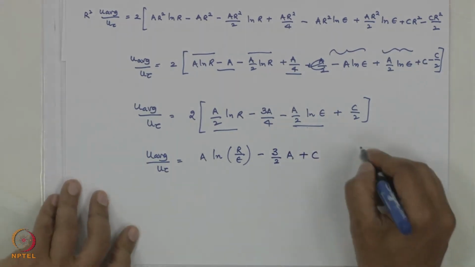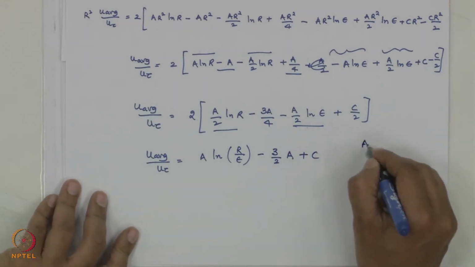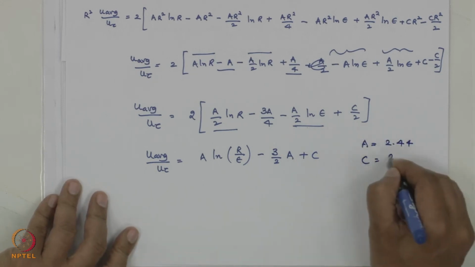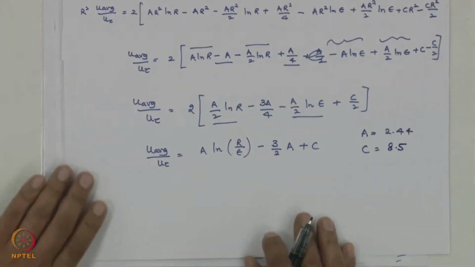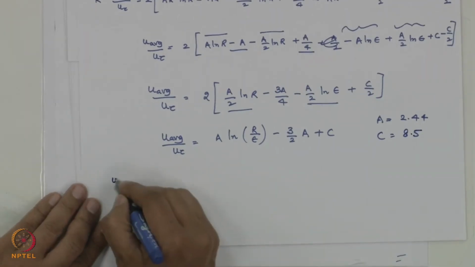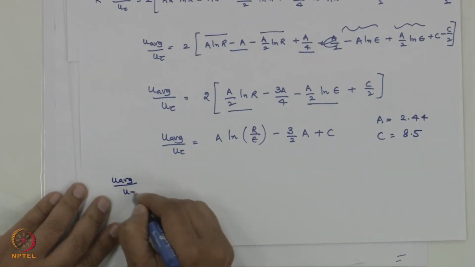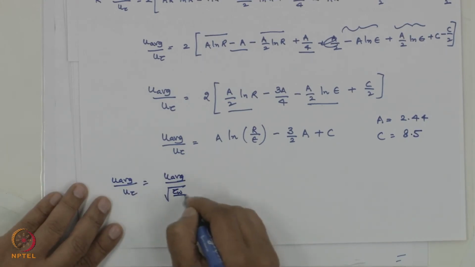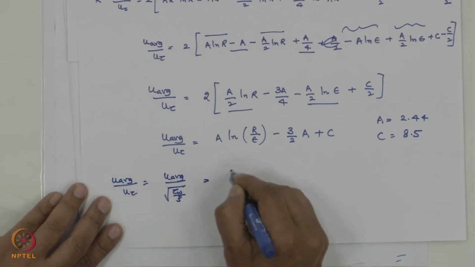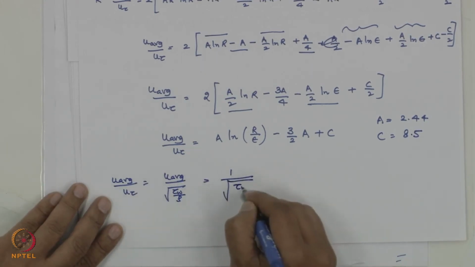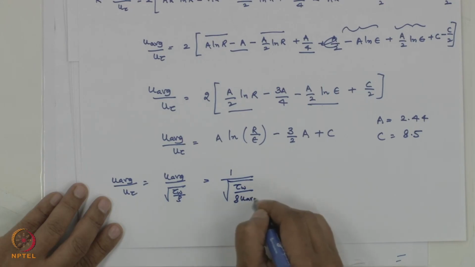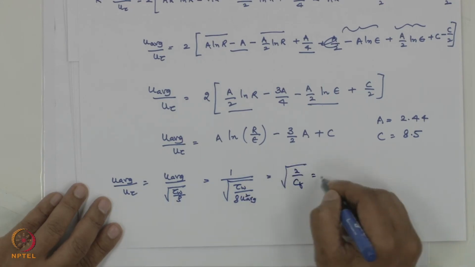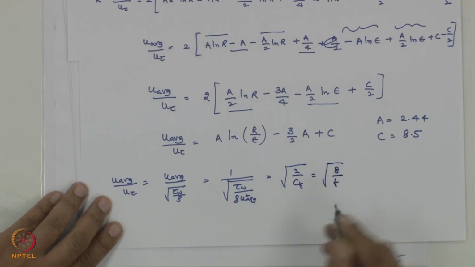Now it is time to substitute a equal to 2.44, c equal to 8.5, and if you recall, u average by u tau equal to u average by square root of tau wall by rho, it is equal to 1 upon square root of tau wall by rho u average square, that is nothing but 2 by cf, that is nothing but 8 by f.